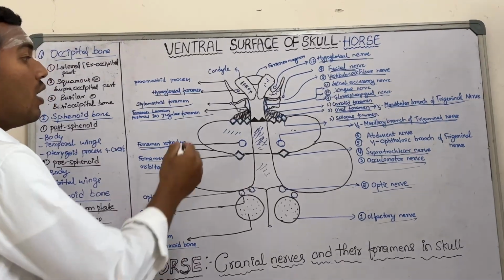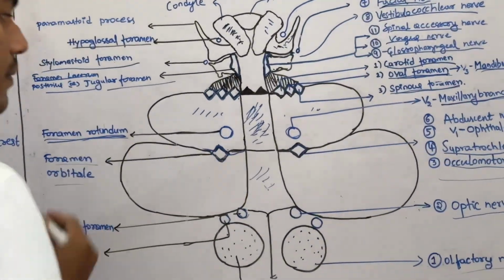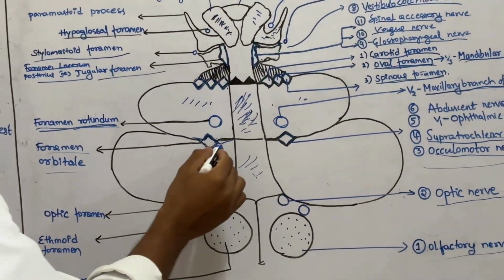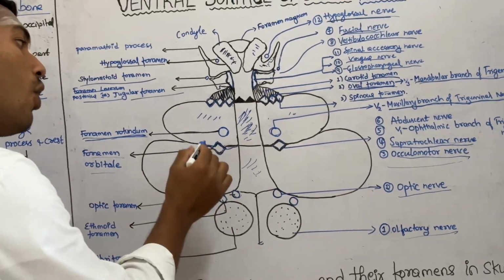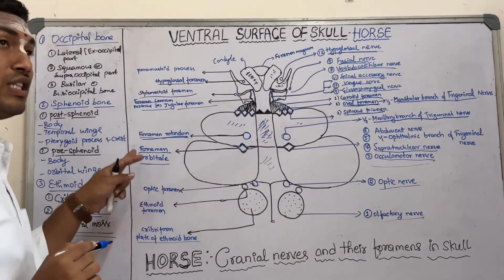Next, the anterior border of the temporal wing of the post-sphenoid and the posterior border of the orbital wing of the presphenoid form a notch and a foramen called the foramen orbitale. This is the new foramen.